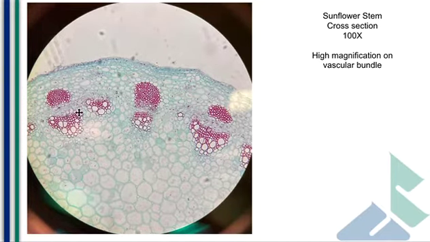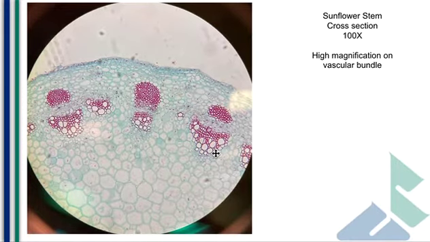And then in sunflower, we see this almost caricature of huge amounts of sclerenchymal fibers with a phloem, protoxylem, and vessel elements or later developing xylem.